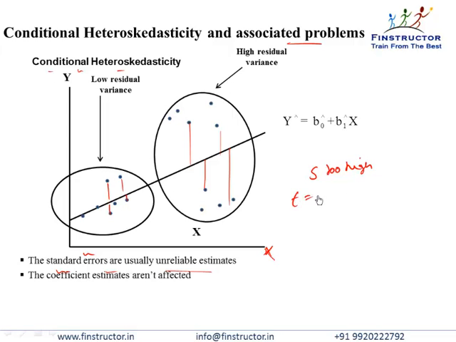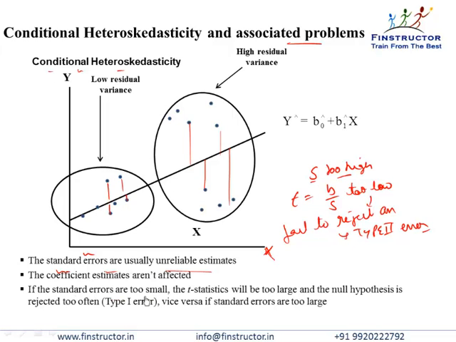Then when I do the t-test, which is equal to the coefficient divided by the standard error, this t statistic will come out too low. If it is too low, I may fail to reject. If I fail to reject an incorrect hypothesis, that may cause a type 2 error. So I may be making too many type 2 errors if the standard error is too high.